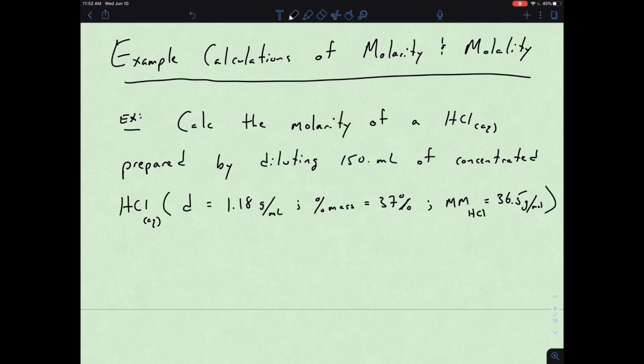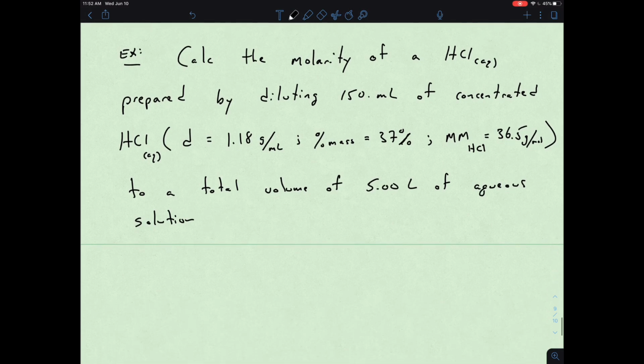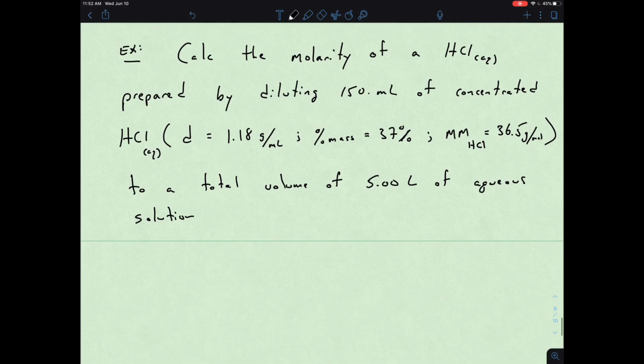So we're going to calculate the molarity of a HCl solution prepared by diluting 150 milliliters of concentrated HCl to a total volume of 5 liters of our aqueous solution. So that's our example problem.